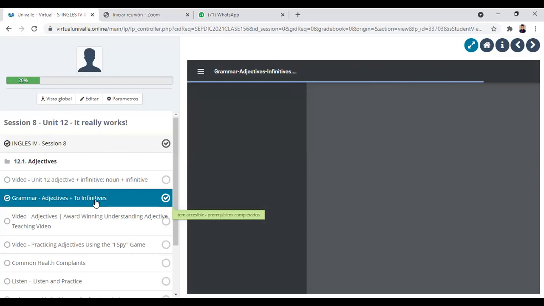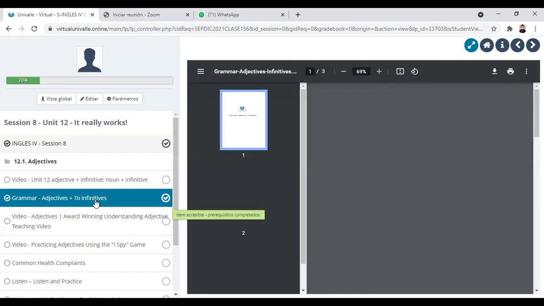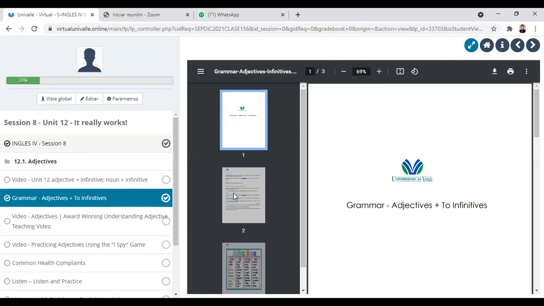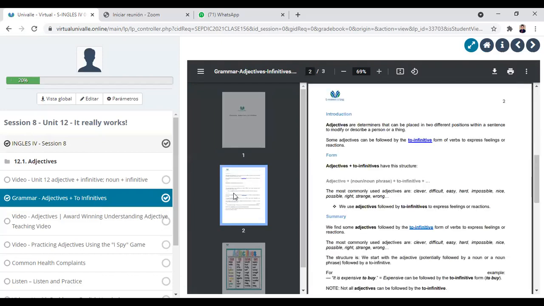Whenever it's possible, we have two ways to express actions with adjectives and infinitives. Adjectives are determiners that can be placed in different positions within a sentence to modify or describe a person or a thing. Sometimes adjectives can be followed by the to infinitive form of a verb to express feelings or reactions.